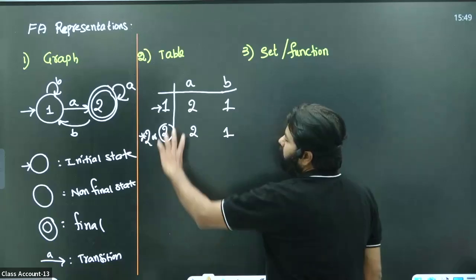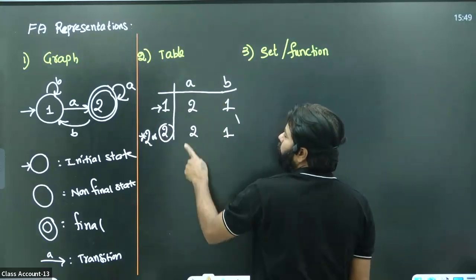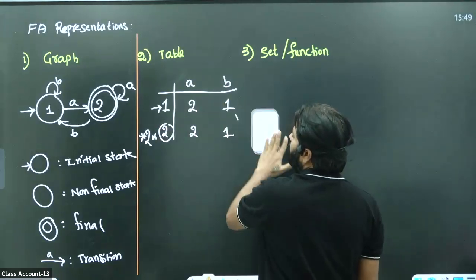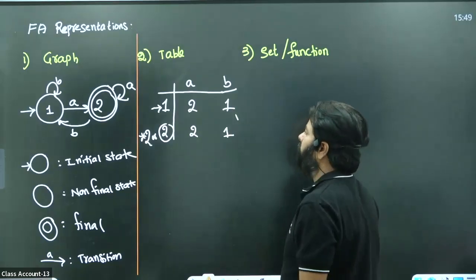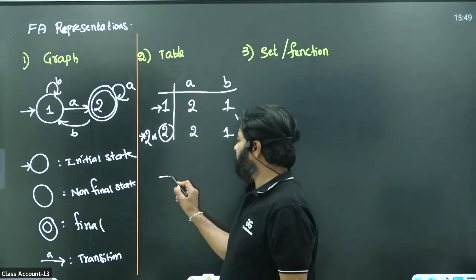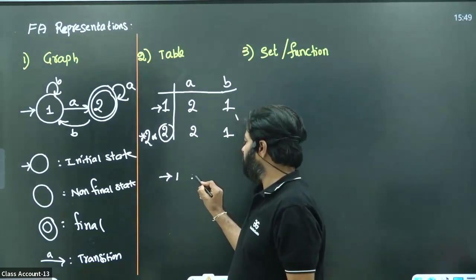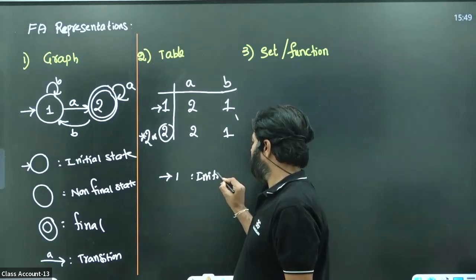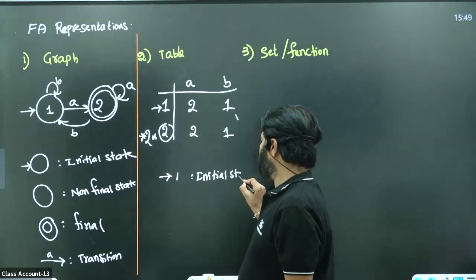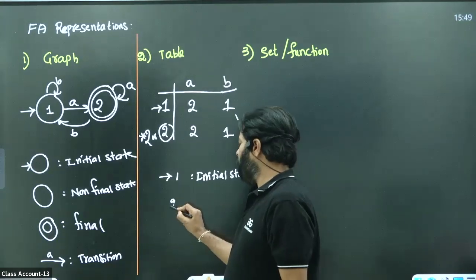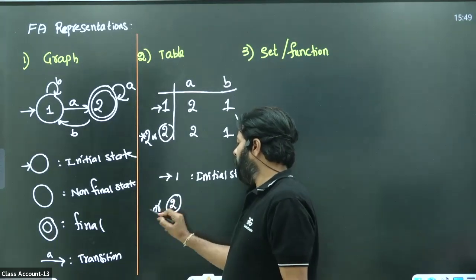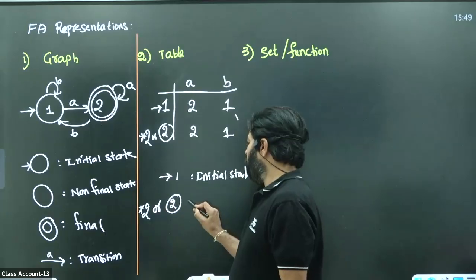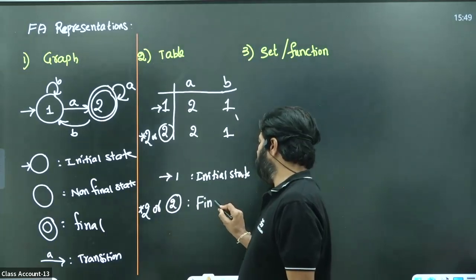And now you can see Q cross sigma maps to Q, one of the elements in Q. Here, the arrow represents that this is the initial state. And you can use circle 2 or star 2 to represent the final state.